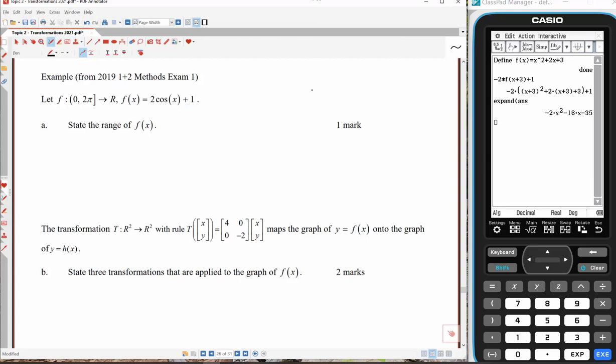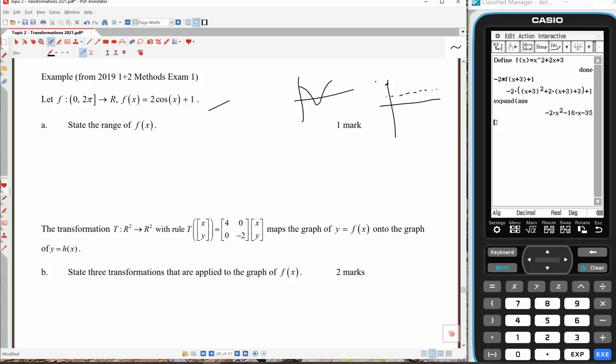So we want to get the range. Let's dust off the cobwebs a little bit with this. Remember, the basic cosine looks like this. This one has an amplitude of 2 and a translation 1 unit up. So the mean line goes up by 1.